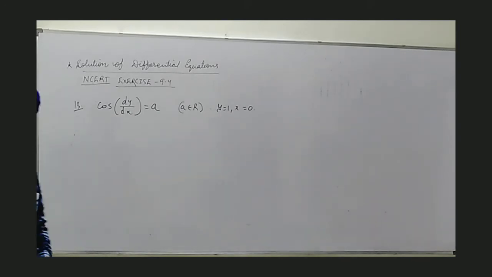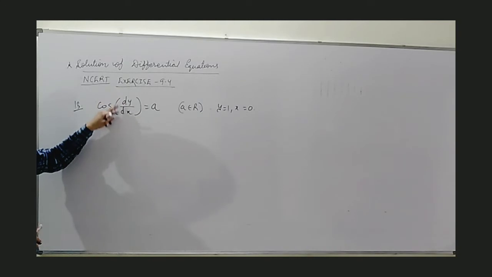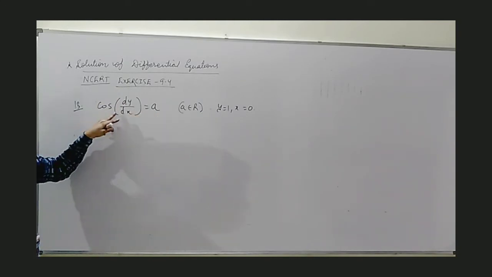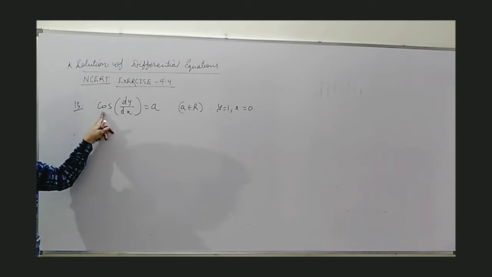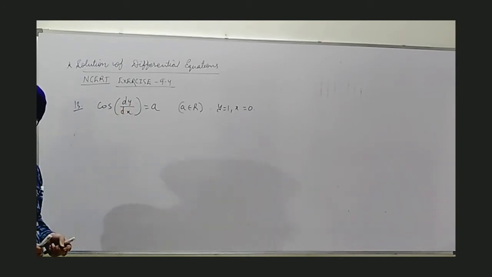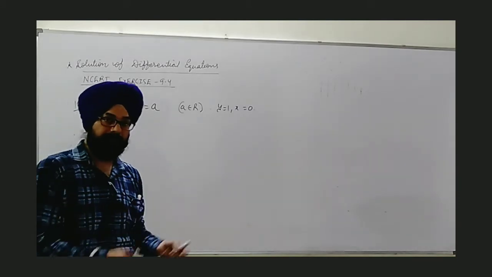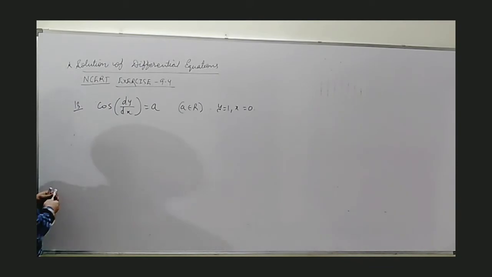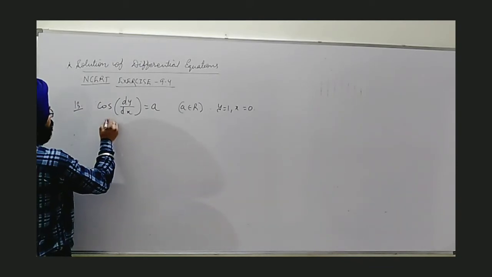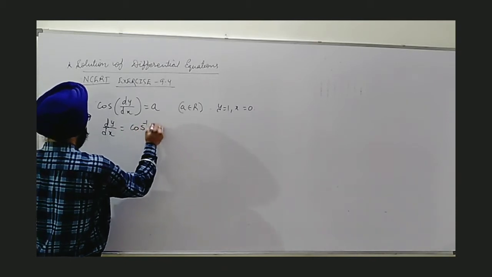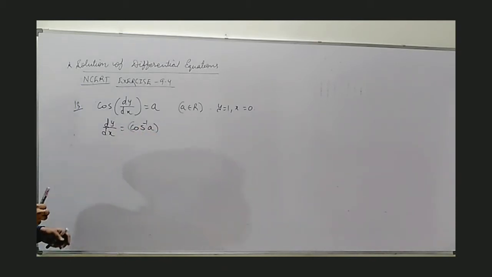Next question, question number 30. We need to solve. It's given cos of dy by dx equal to a. It is very complicated if I do not eliminate this cos from here, because dy and dx both are available in this bracket. They cannot be simplified till this cos is available. It's a form of composite function. What we can do? I can write this given equation as dy by dx equal to cos inverse a. It becomes a constant.